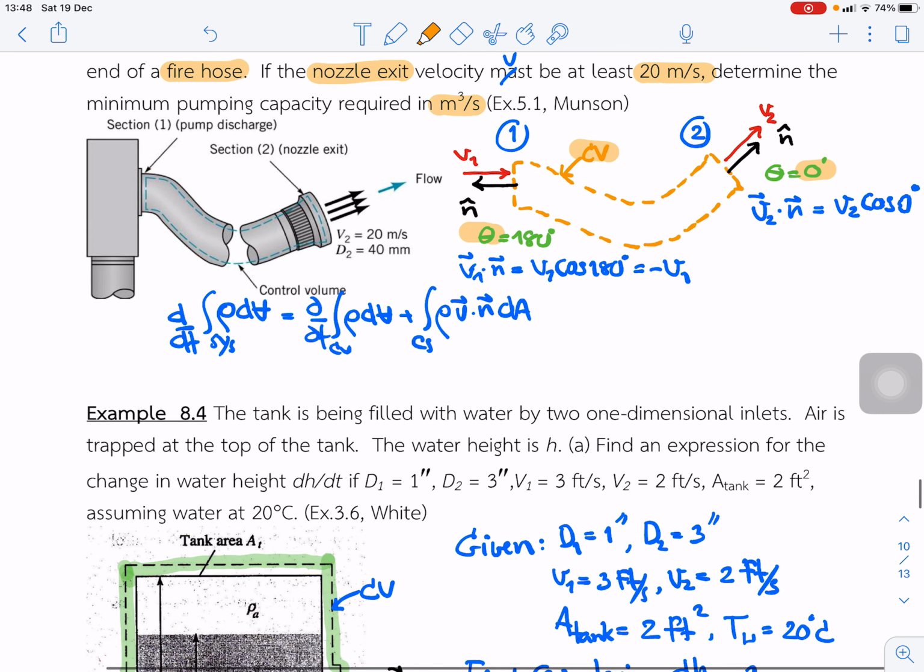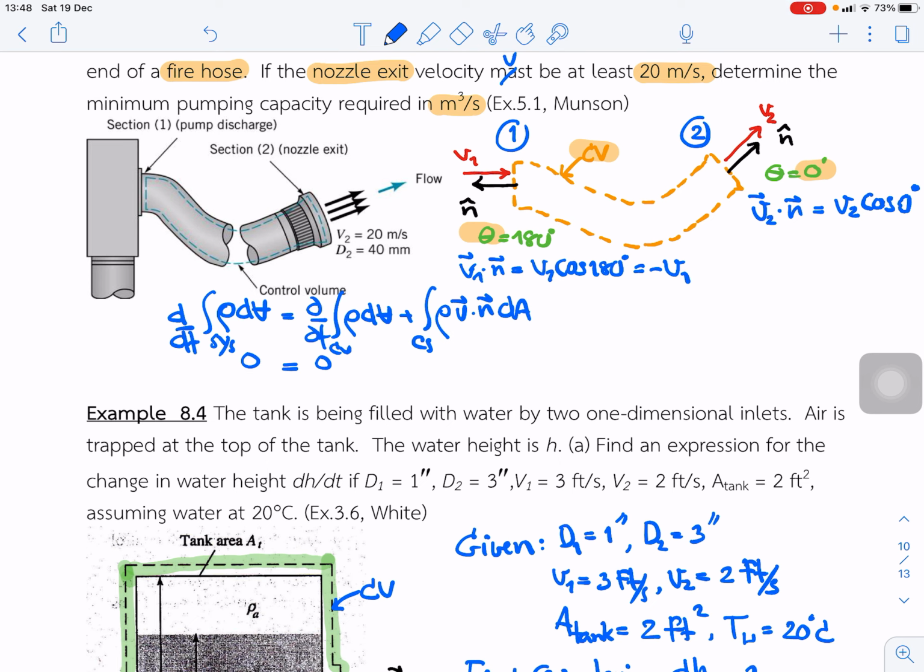So we can start from the Reynolds transport theorem for the continuity equation. The first term is zero because the mass in the system doesn't change with time, and the second term is just the mass flux across the boundary.